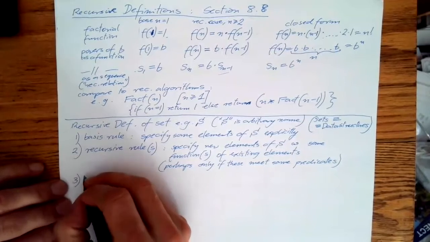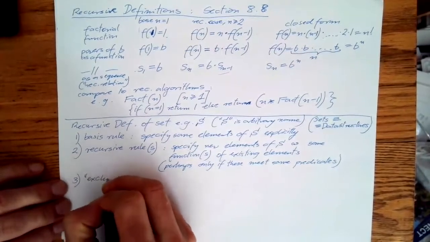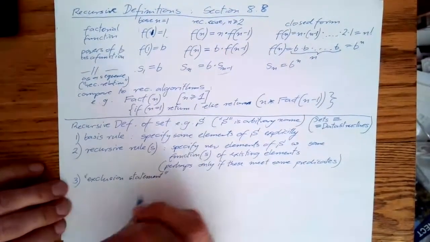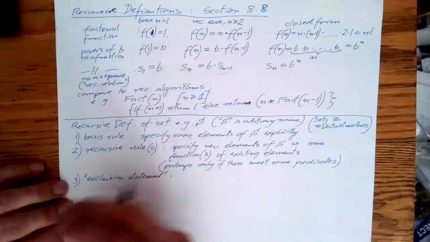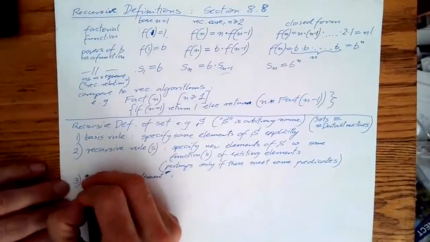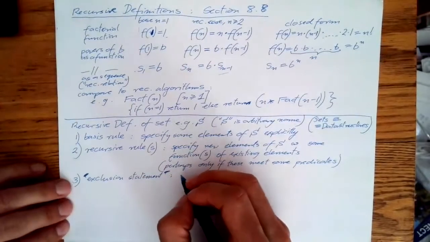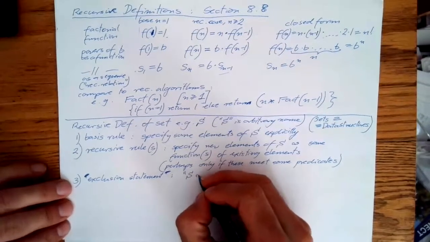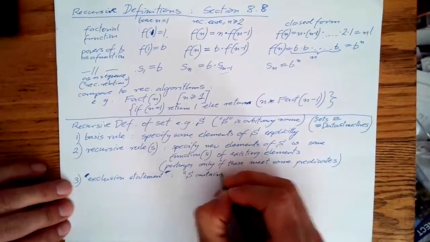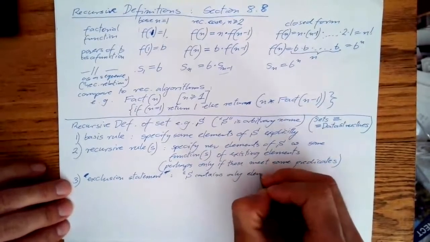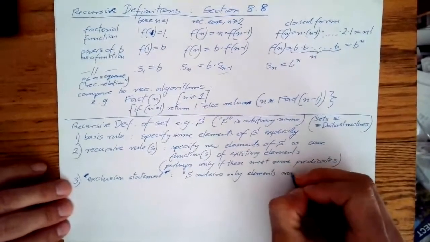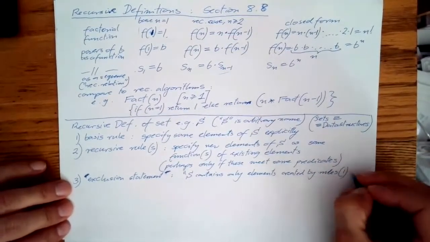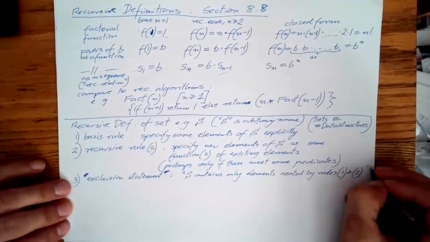The third thing is the so-called exclusion statement that you can see once, basically assimilate its meaning, and then never mention it again. It is a statement that says S contains only elements created by rules, either the basis or the recursive.